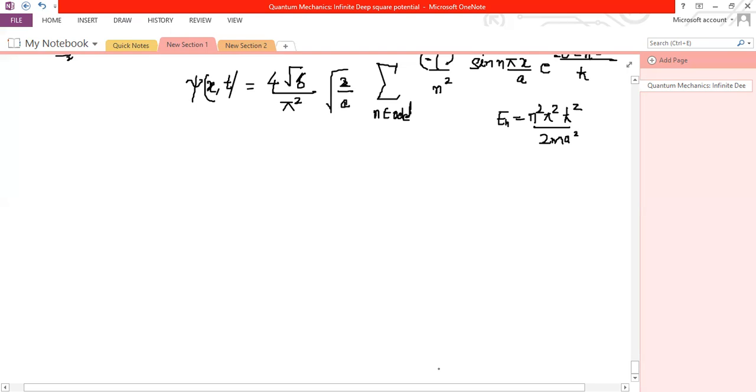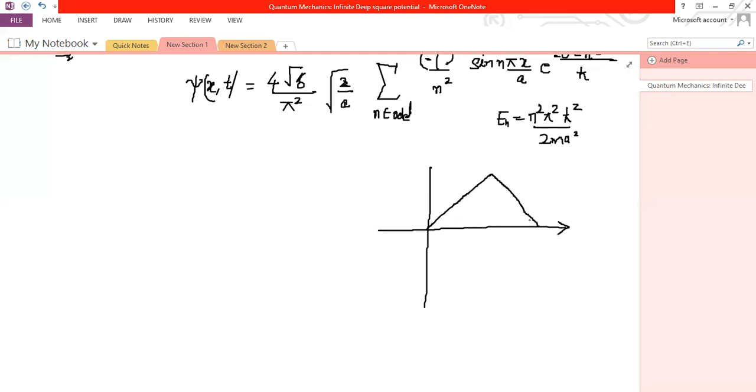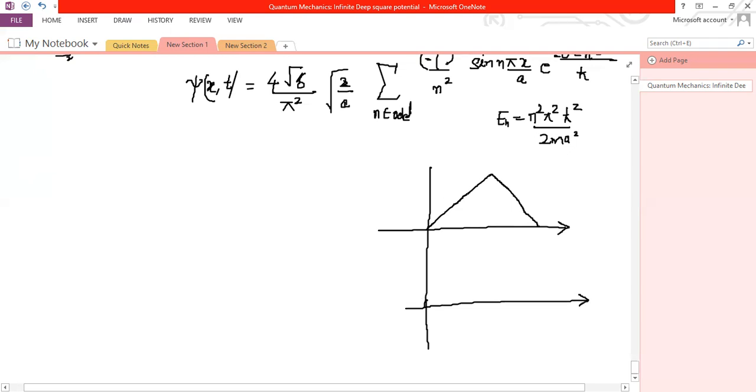Okay, now as anticipated, the wave function form looks like this. The initial wave function that was given to us was this way, and if I see my ground state for an infinite deep square well, it comes out in this fashion.